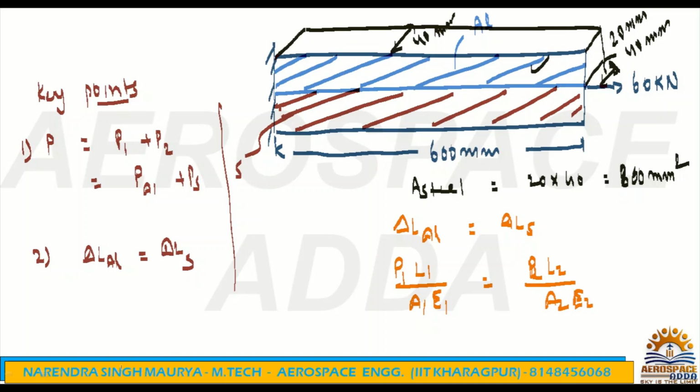Now if you go for the area of steel, it is 60 wide and 15 thick. 60 wide means, I'll show you, it will go in this way, the bottom side, because this is steel. The length is the same, and it is 60 wide and 15 thick, so 60 into 15 will be the area.